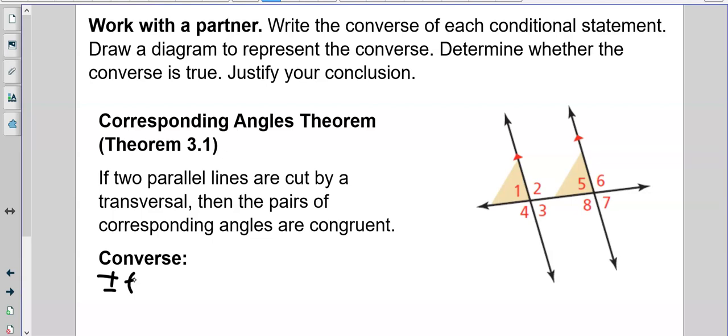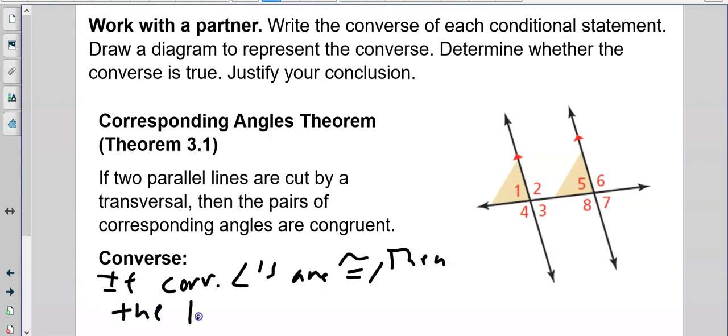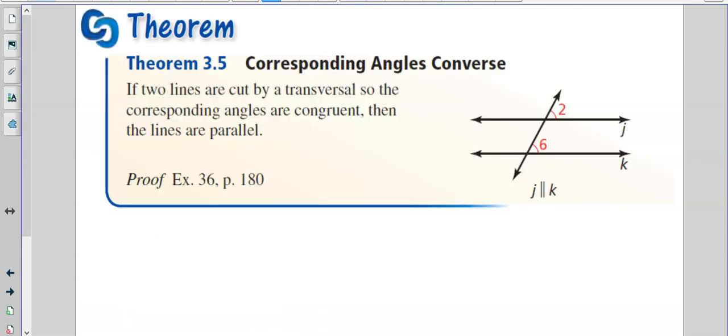So if corresponding angles (you can abbreviate) are congruent, then the lines are parallel. All we did was switch them. So the corresponding angles converse says that. If the angles are congruent, then we know the lines are parallel.